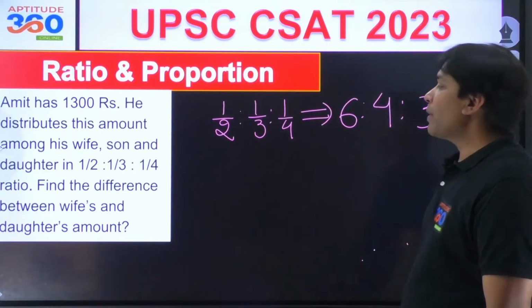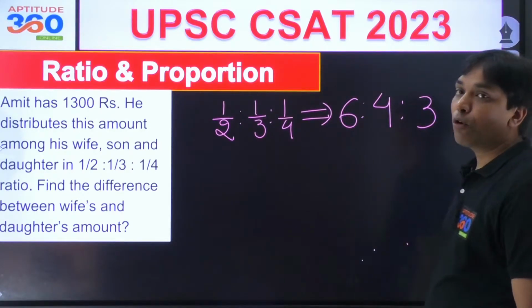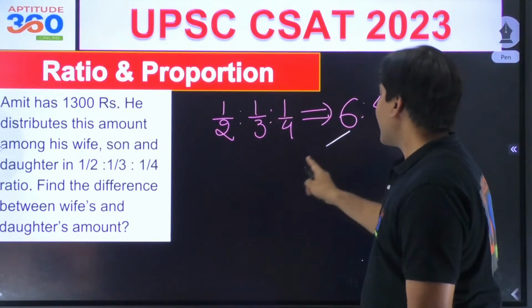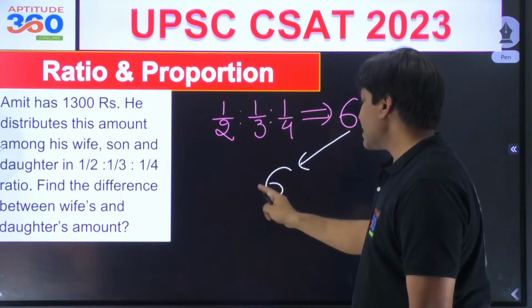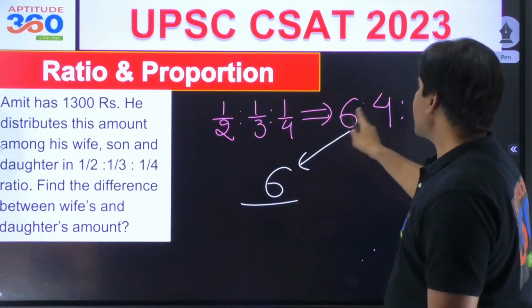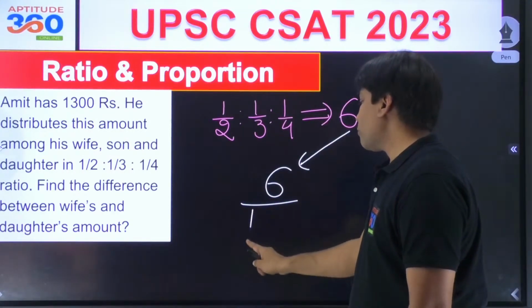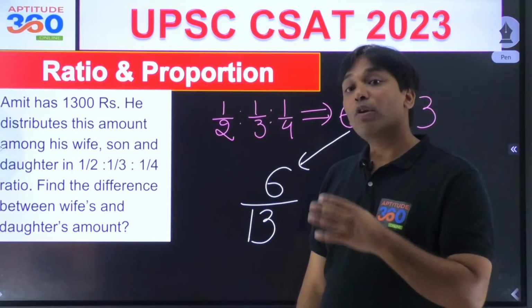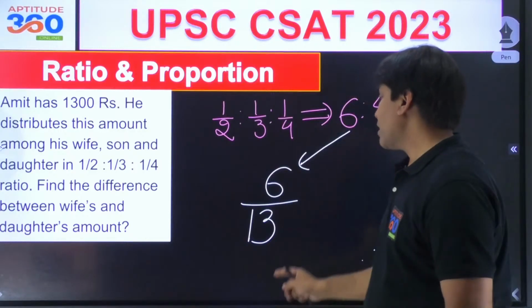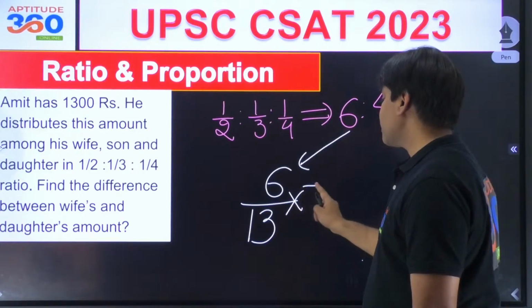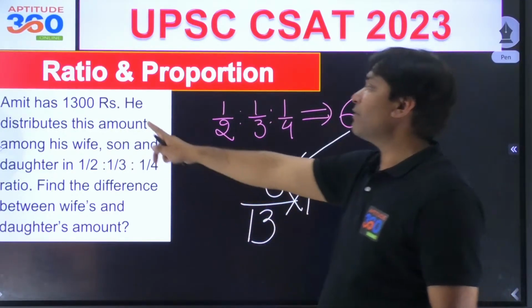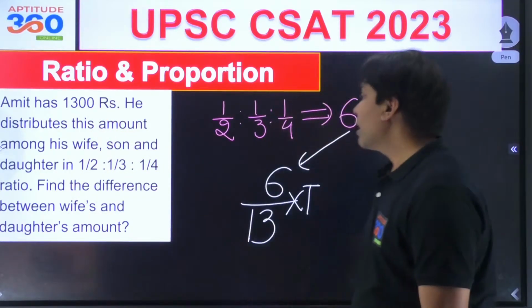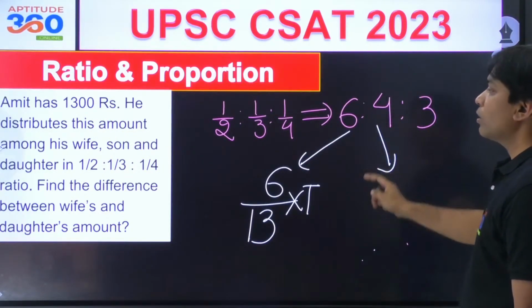1/2, 1/3, 1/4. Now you know how to write this as 6, 4 and 3. And I say this. Can we write this as 6 by 6 plus 4 plus 3? 6 plus 4 plus 3 is 13. The first person, which is wife, will be getting 6 by 13 of total. Whatever is total is given to you as 1300 rupees. The second person, who is the second person?